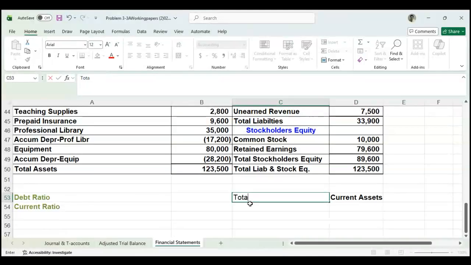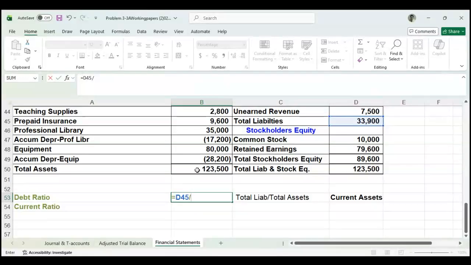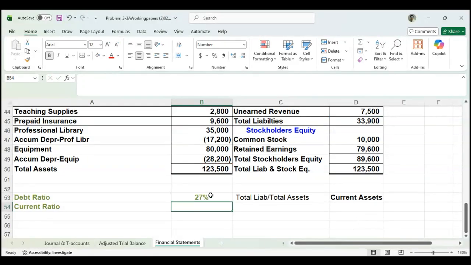So we can take our total liabilities, right, and divide it by our total assets. And so that's going to give us the $33,900, right? And we're going to divide that by the $123,500. So it's going to be pretty small, okay? All right, so I got 27%. So that's considered to be a very good debt ratio.